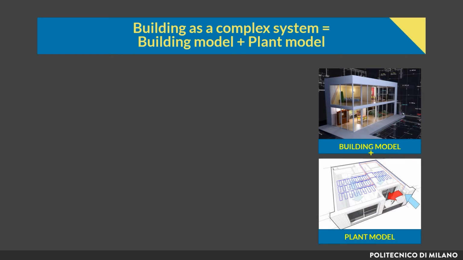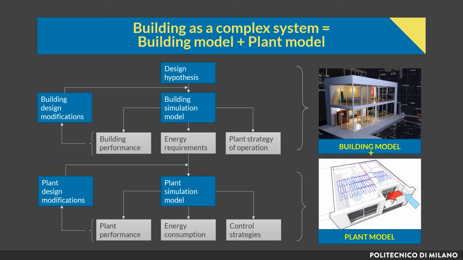After the overview on the basic concept of modeling and simulation and how to perform it through an iterative procedure, let's try to apply those concepts to the construction sector. Practically, it means to consider a building as a complex system composed of two models, the building model and the plant model. Those are the two parts which constitute the system, object of our investigation during a simulation modeling.